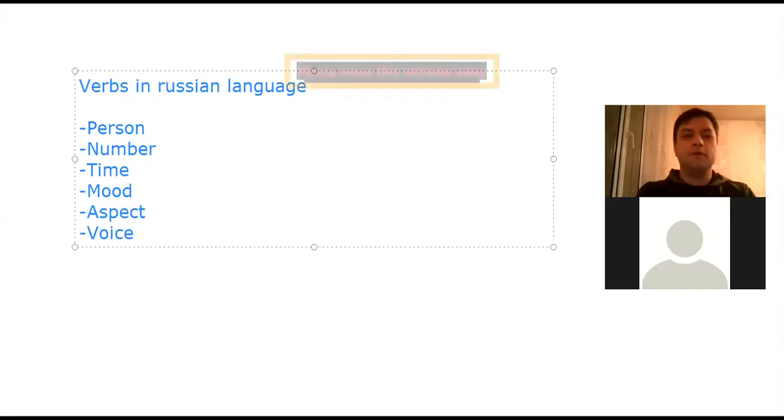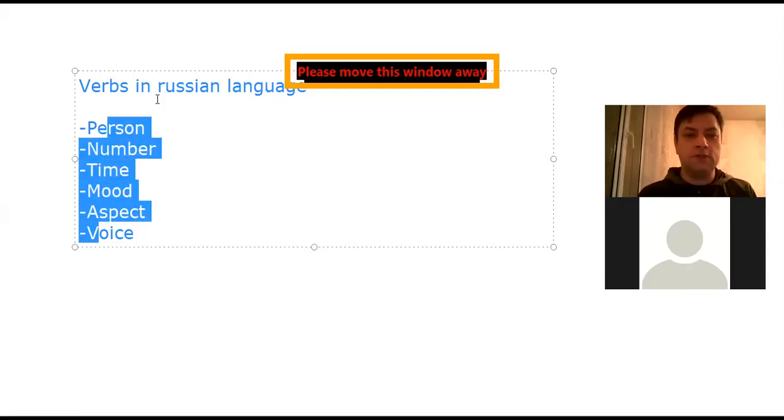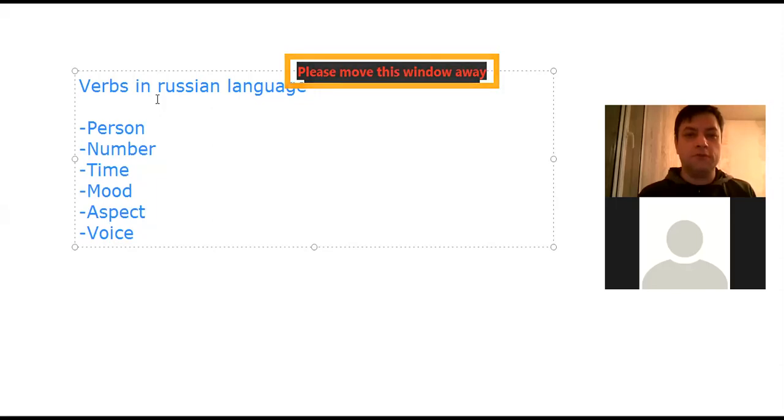There are a number of aspects. Every native speaker, when he hears a verb, can tell those 6 features of this verb.